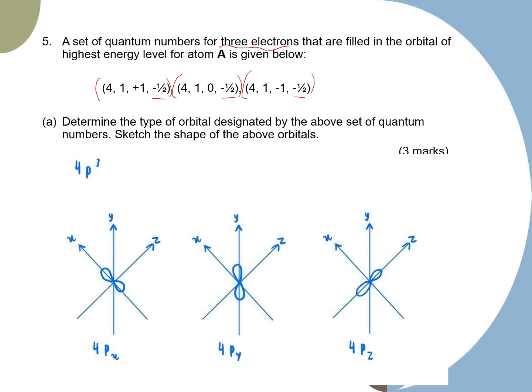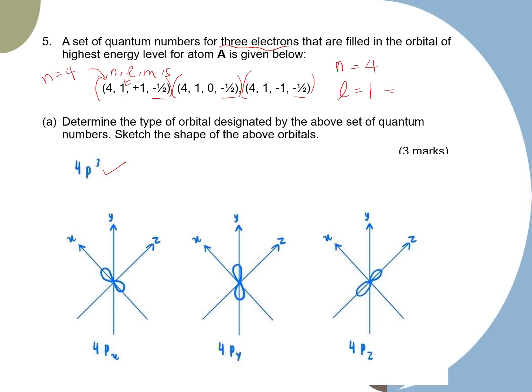Question A, determine the type of orbital designated by the above set of quantum numbers. How to get 4p3 here? The answer is correct, but how to get the answer? We know that these quantum numbers are actually N, L, M, S. Right here we have N equals to 4, and L is equals to 1.